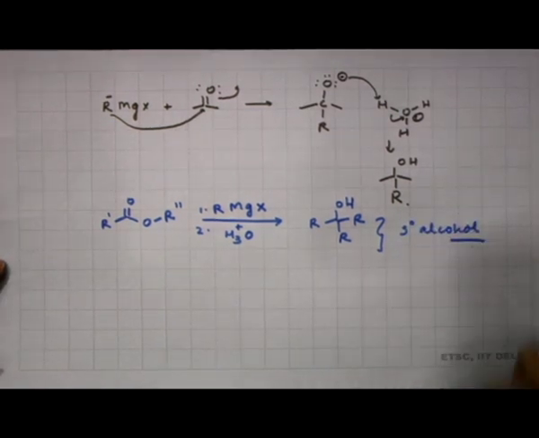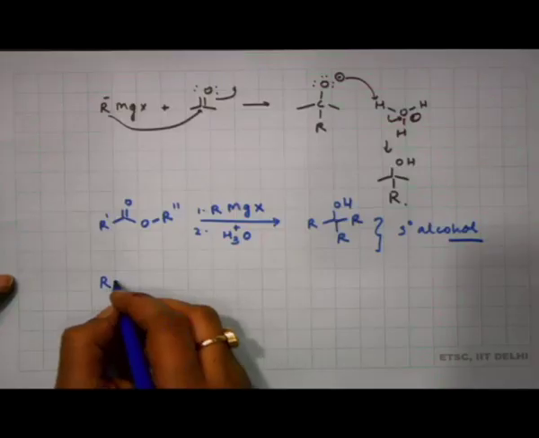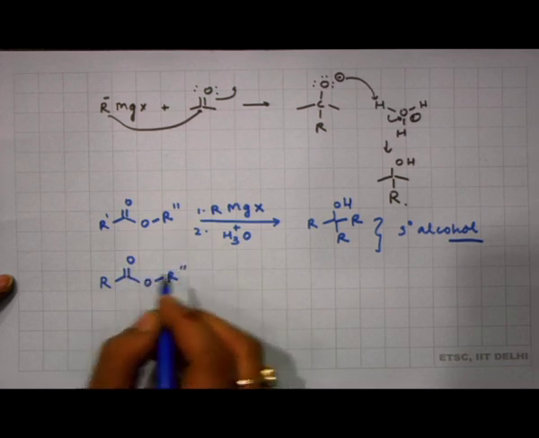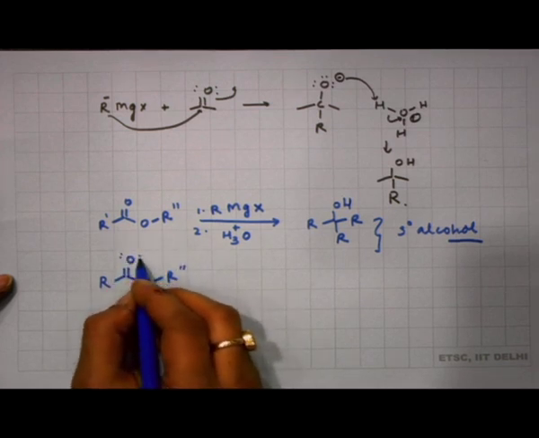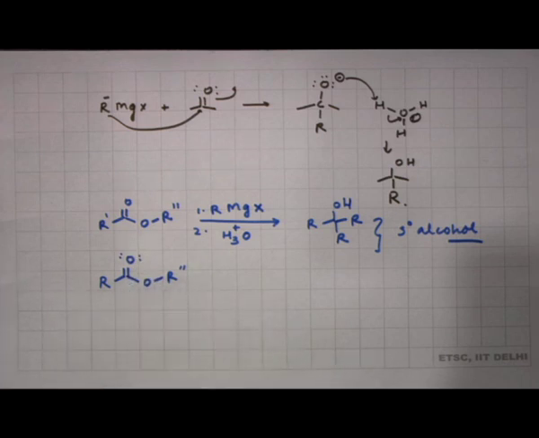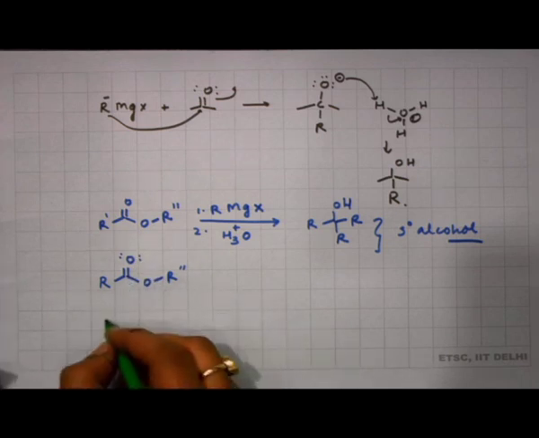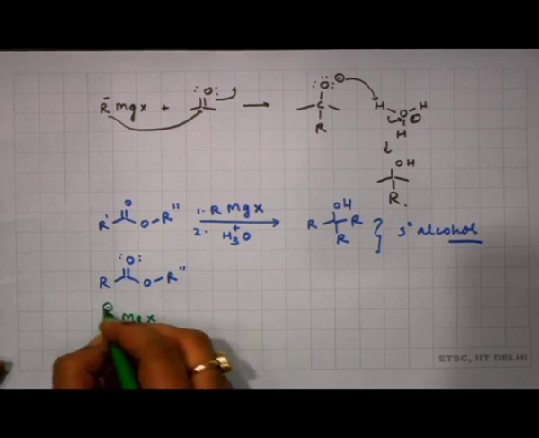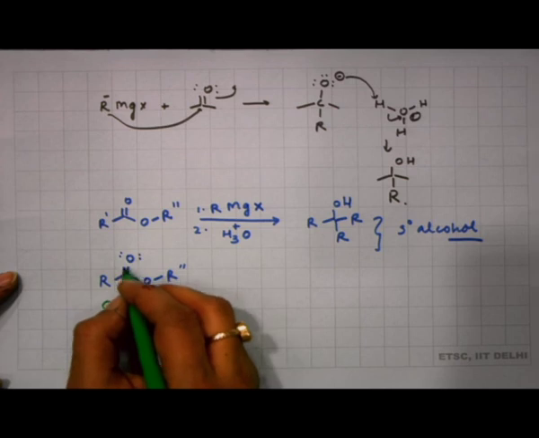With the lithium aluminum hydride you were getting a 1 degree alcohol, because what was adding was a hydride, and now what is adding is an alkyl group with the electron pair. So, the mechanism for this addition of the Grignard's reagent onto the ester is more or less the same as was for lithium aluminum hydride. Okay.